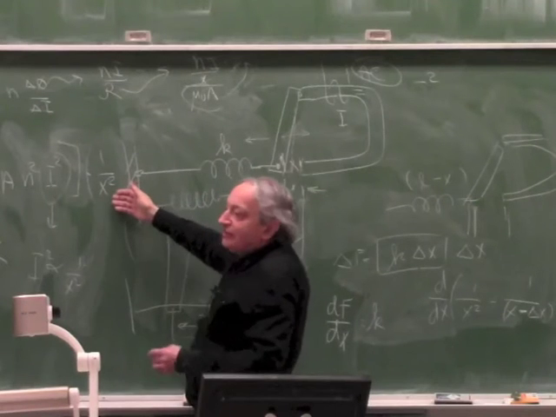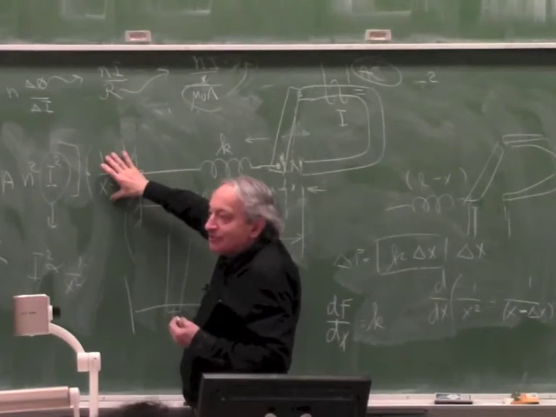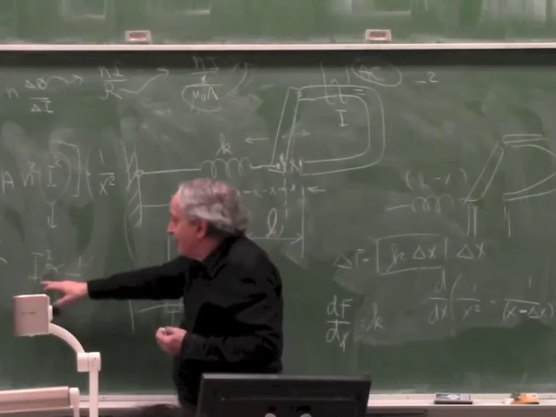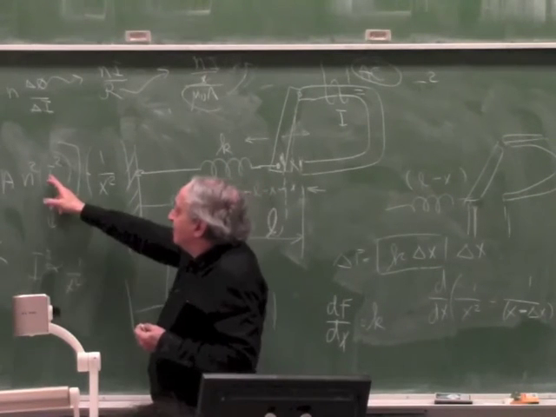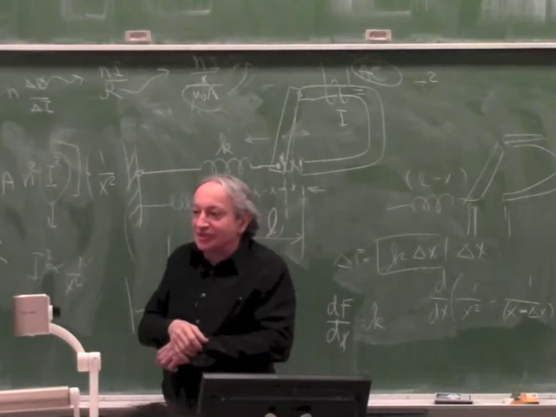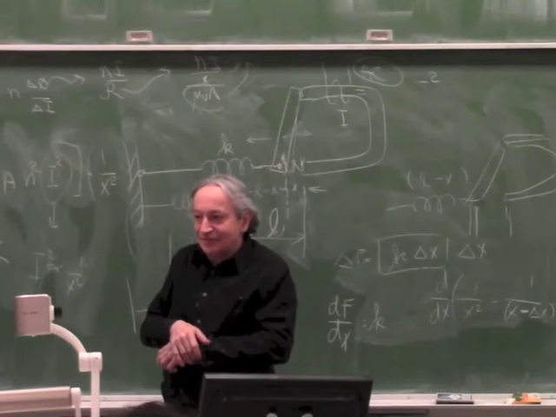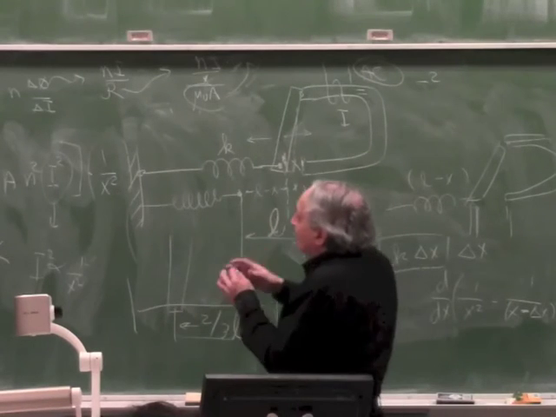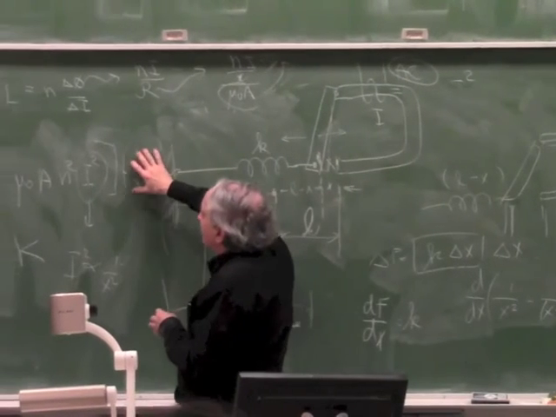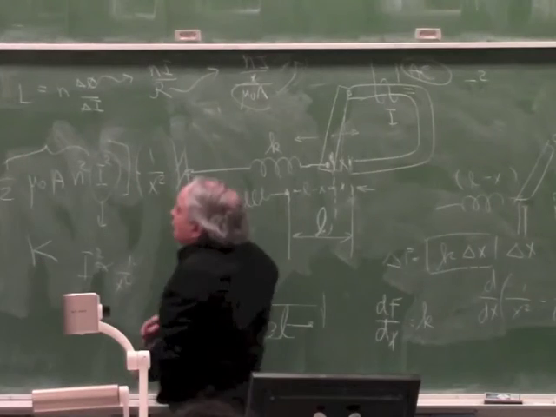If x would be halved, that part will become 4 times bigger. But the current will become 4 times smaller. Okay? So the product of I squared by x squared will stay constant. Is that clear? Because the force you get is a product of 1 over x squared by I squared, because everything else in K cannot change.